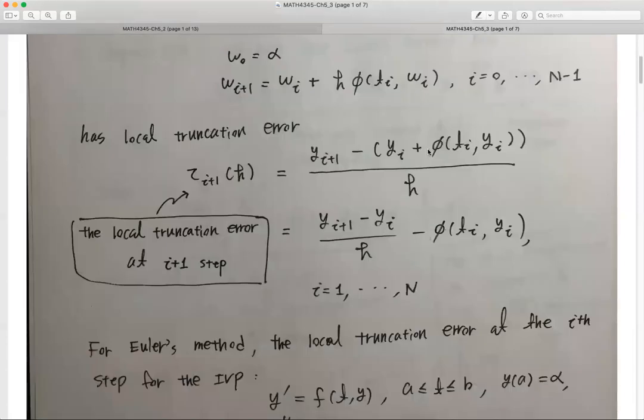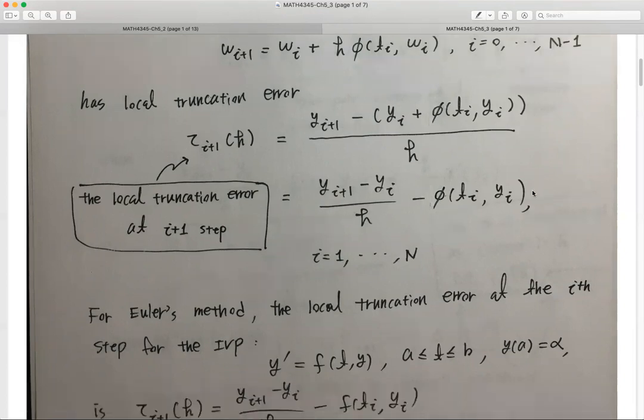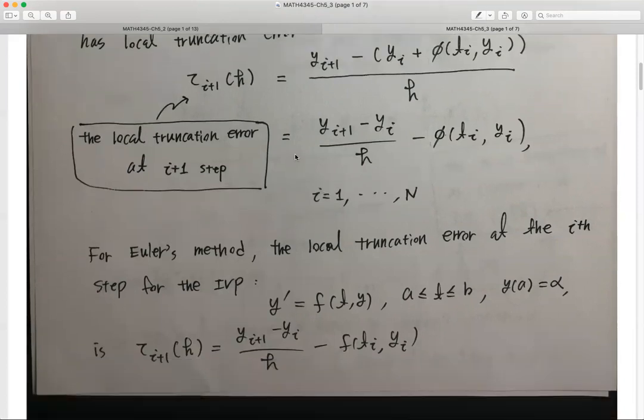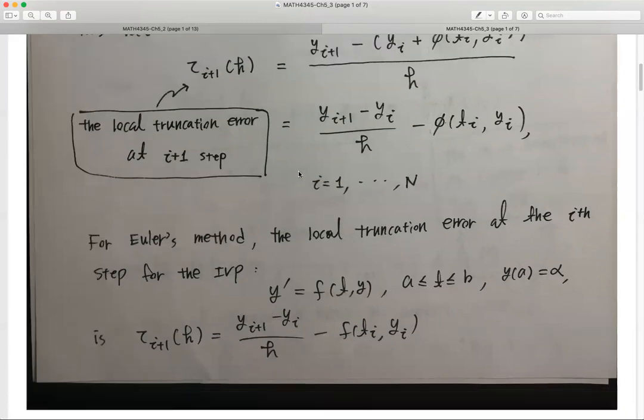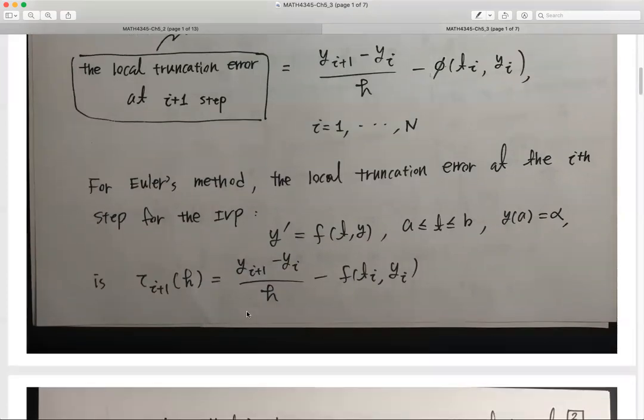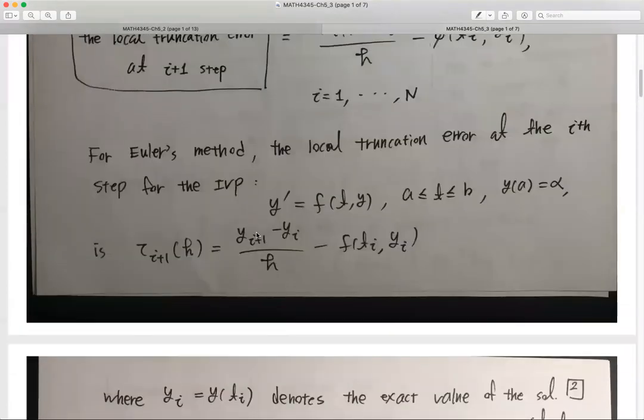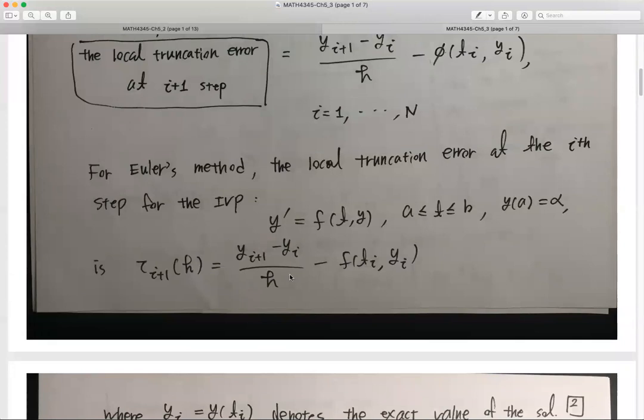Because of the h, we can take the phi_i out of the fraction. I missed typing h. So this is the definition of truncation error, tau_{i+1} of h. For Euler's method, the local truncation error is going to be (y_{i+1} minus y_i) over h minus f.